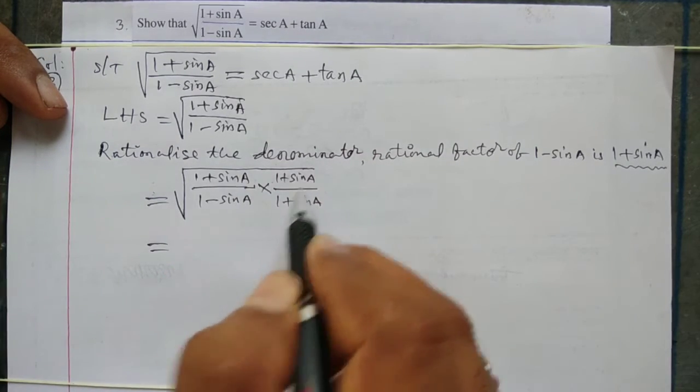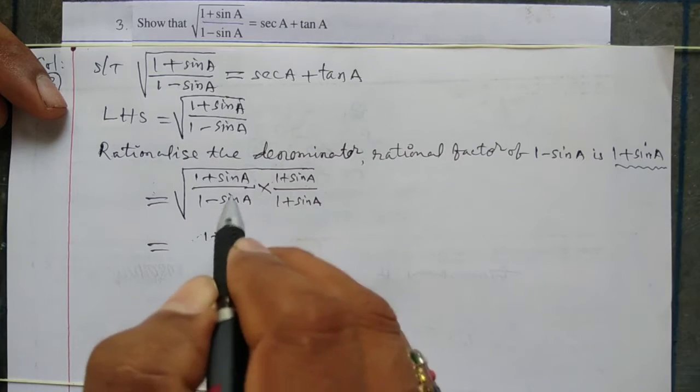In the numerator, 1 plus sin A into 1 plus sin A gives (1 plus sin A) whole square.